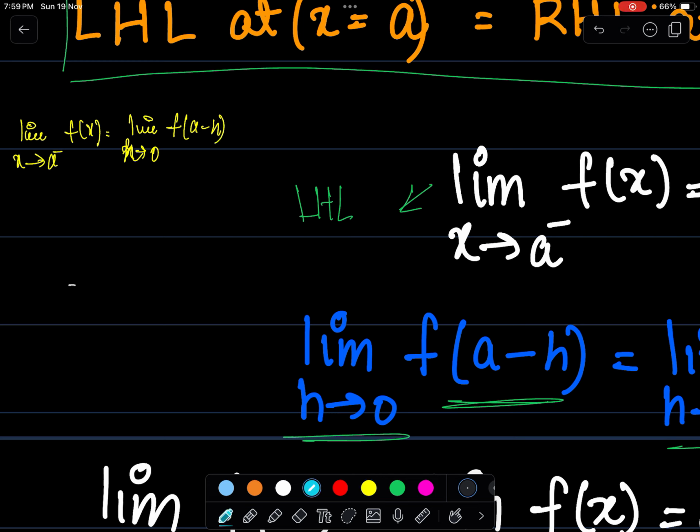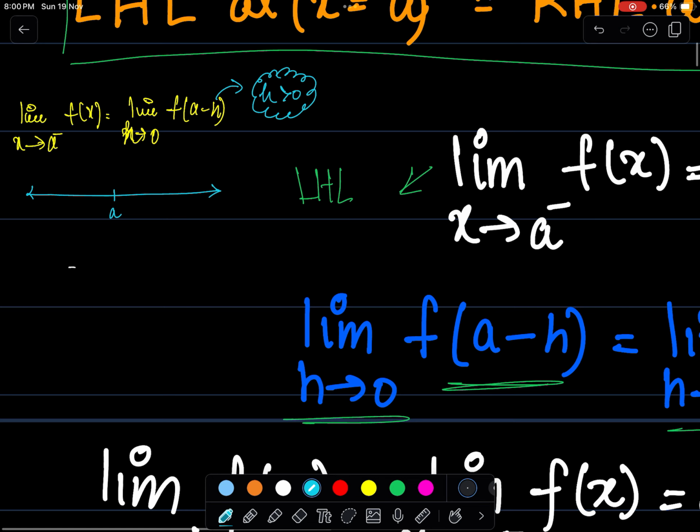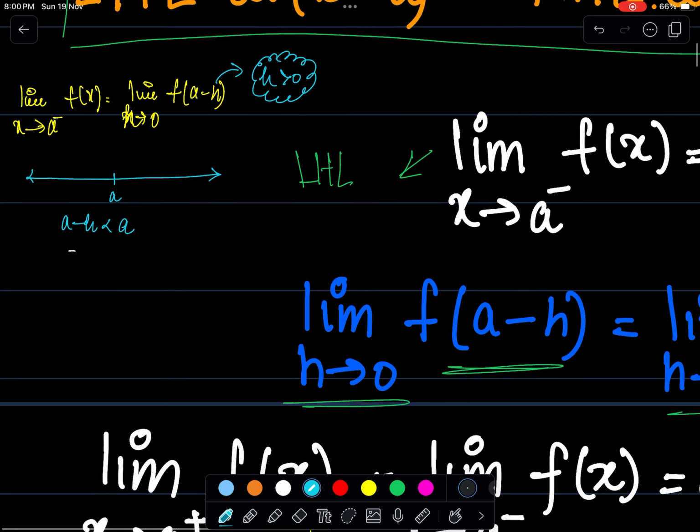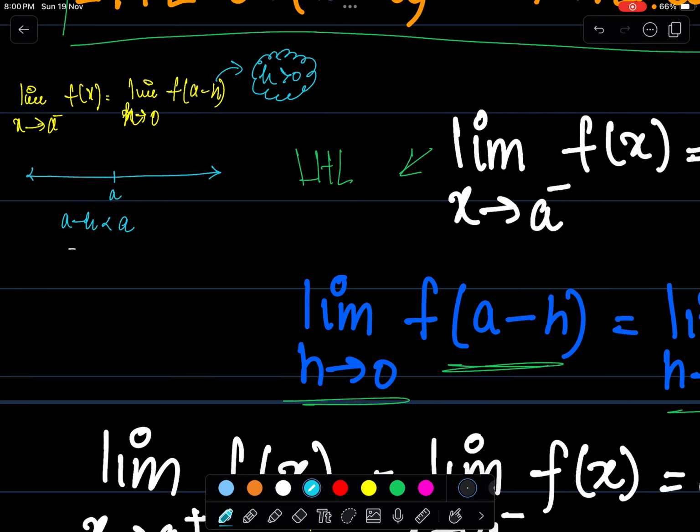For this, let's go to the number line. Consider this is my a. Also, I would like to tell you that h is greater than 0 always. h is a positive number. Now, what is a minus h? Of course, it's less than a because h is a positive quantity, so you're removing some positive quantity from a, so it will be less than a. Now, tell me one thing.